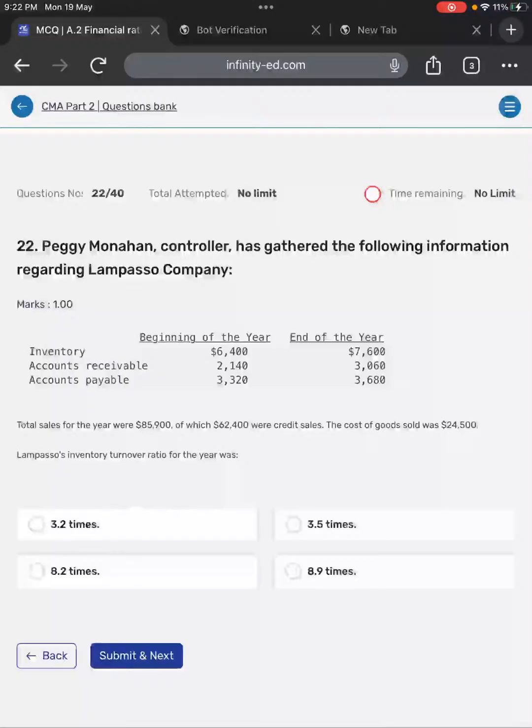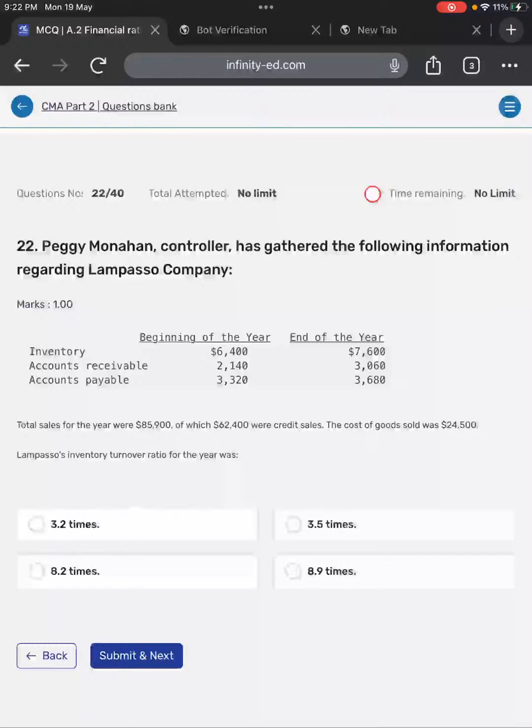Okay, now question number 22. The beginning and end of the year inventory are given. Inventory at the beginning of the year is 6400 and at the end of the year 7600.